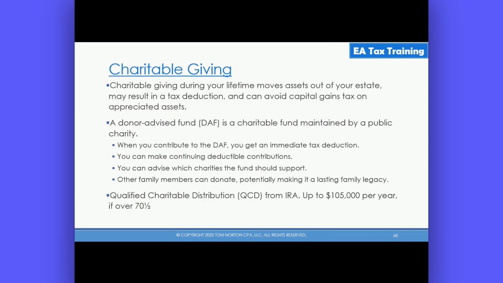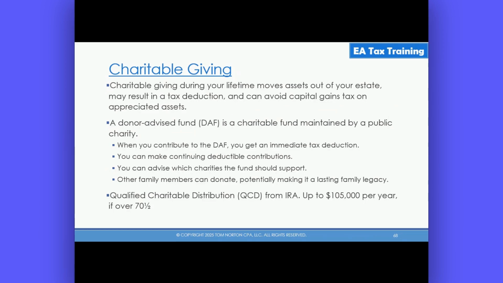Another thing you can do is you can set up something called a donor advised fund. So this is a charitable fund that's maintained by a public charity. Public charities will set these up for individuals and families because they know that they are likely to be getting some contributions from this.